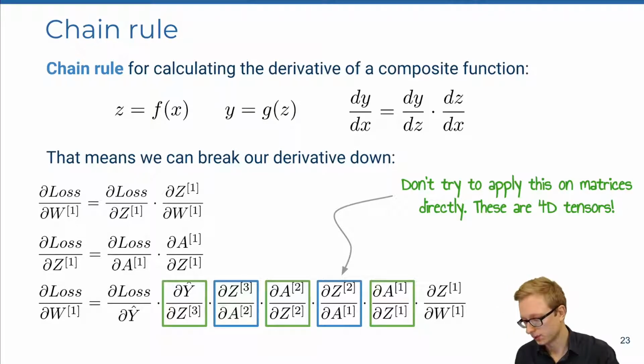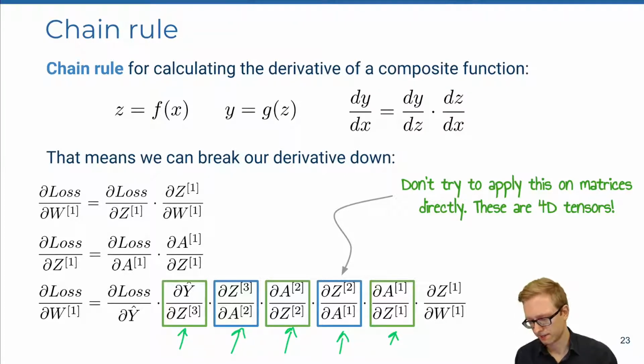So there's two types of partial derivatives here. One is the partial derivative of the output of an activation function with respect to the input of that activation function. So these are the green boxes here. And the other one is the partial derivative of the output of a linear transformation with respect to the input of that linear transformation. So these are the blue boxes here.